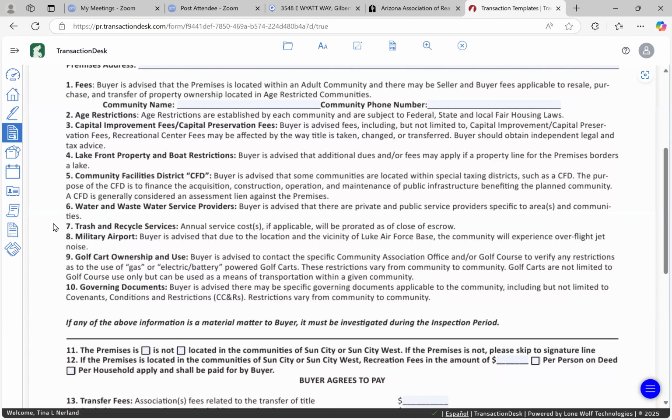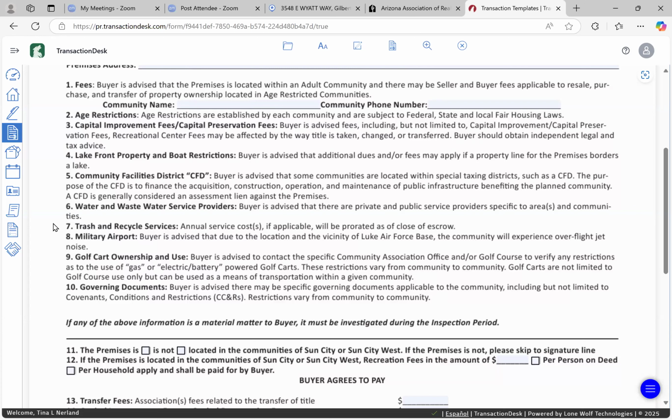Golf cart ownership and use: buyer is advised to contact the special community association office and/or the golf course to verify any restrictions on the use of gas or electric battery powered golf carts. These restrictions vary from community to community. Golf carts are not limited to golf course use only, but can be used as a means of transportation within a given community.